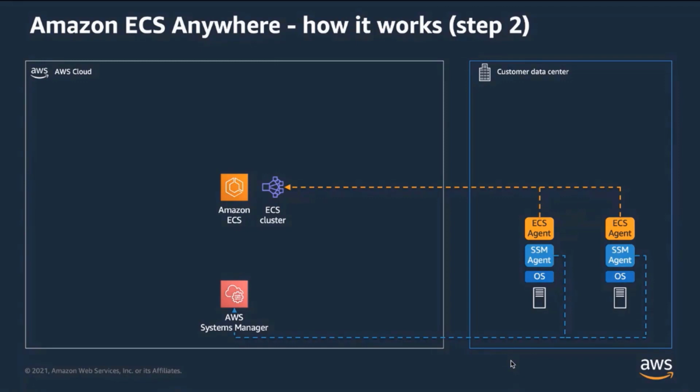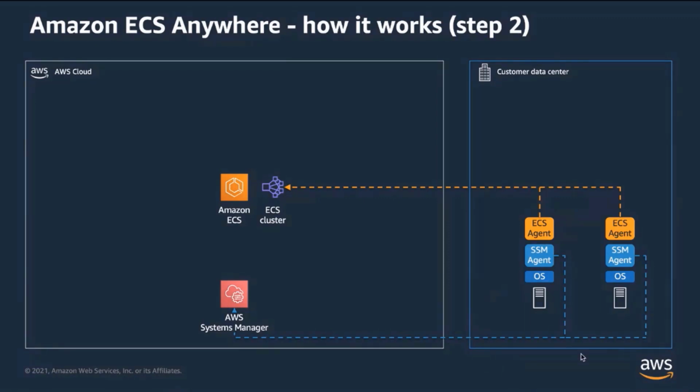It will coordinate with the control plane in terms of creating the task and managing the task lifecycle and so on and so forth. When you install the ECS agent, you have to specify which ECS cluster you want to connect with. So the SSM agent establishes the trust that these are the compute I want to use, and this is the account I want to connect to. The ECS agent establishes the connection with a specific ECS cluster.